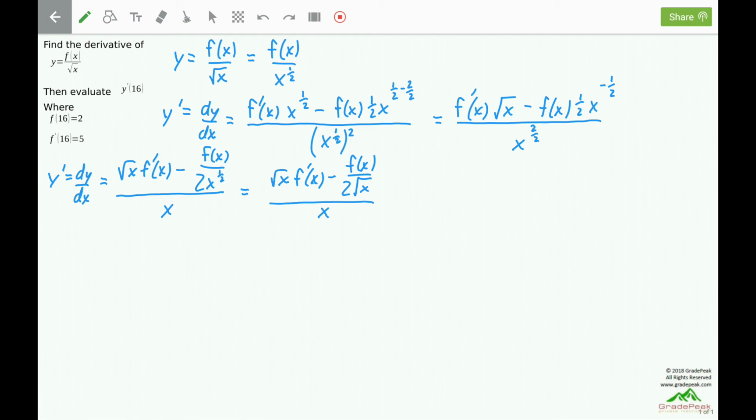I'm going to want to simplify this a little bit further, so I'm going to get a common denominator between those two terms in the numerator, since one of them has a denominator. I'm going to multiply this first one by 2 square root of x over 2 square root of x for the common denominator.